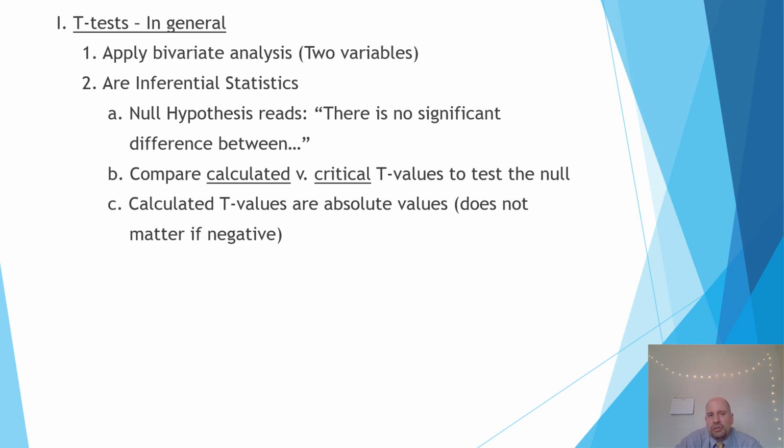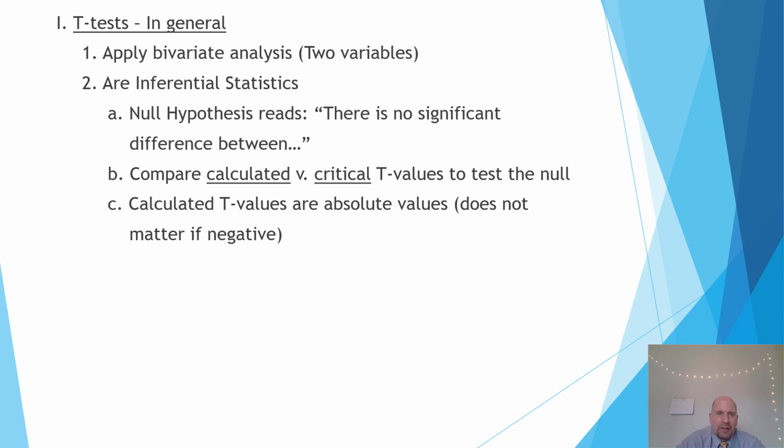With t-tests, we are going to see negative values, but the only thing you're concerned about is the absolute value of the number. So if it says negative 23.06, we don't care that it's negative 23.06 when we're measuring it against the critical value. We just want to know whether or not it's bigger in terms of its absolute value.